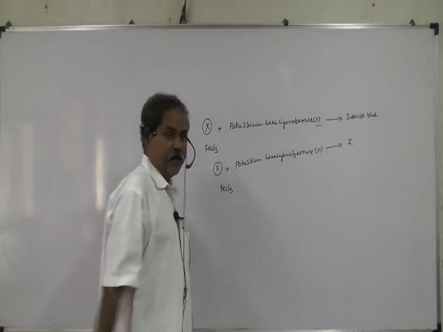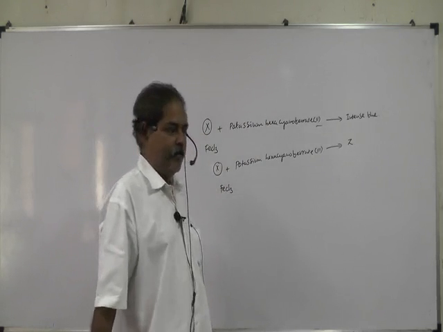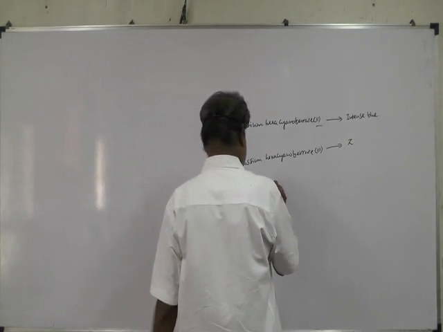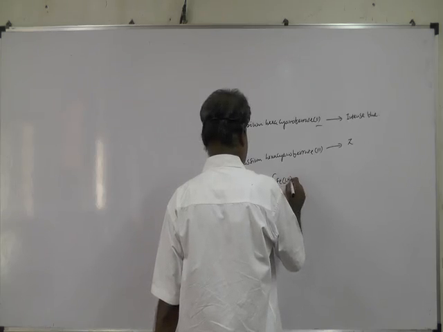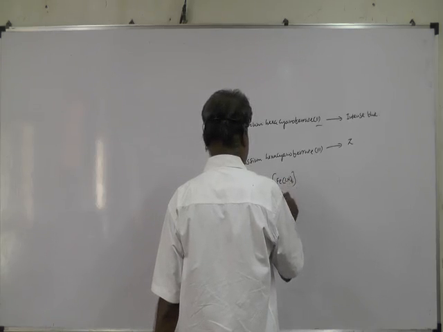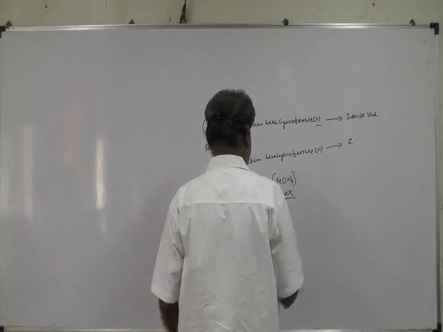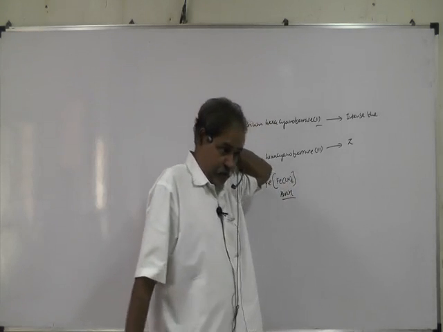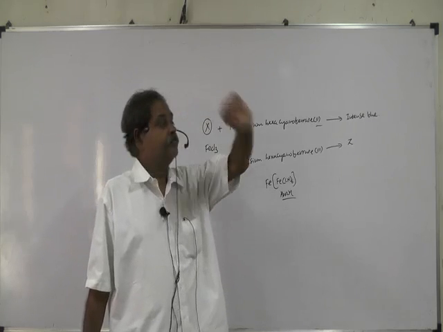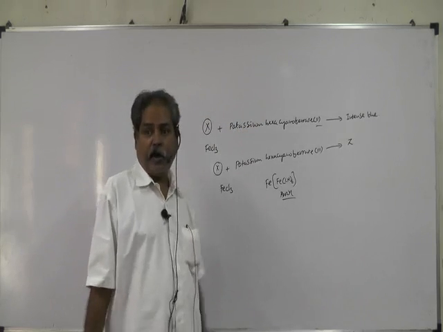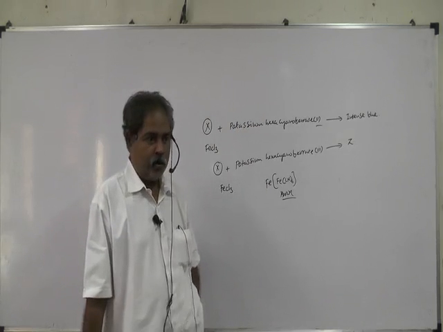So 3 outside, 3 inside. Therefore Fe[Fe(CN)6], brown. We don't need to know the color because he mentioned. 2009 question. Okay. What else?